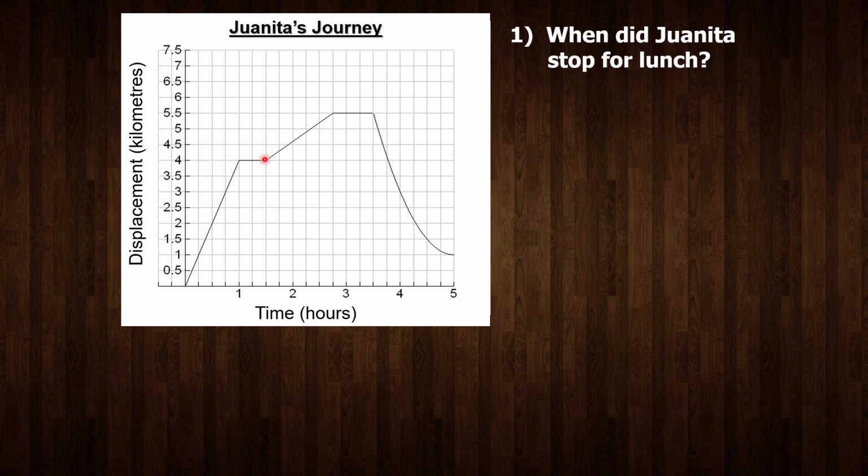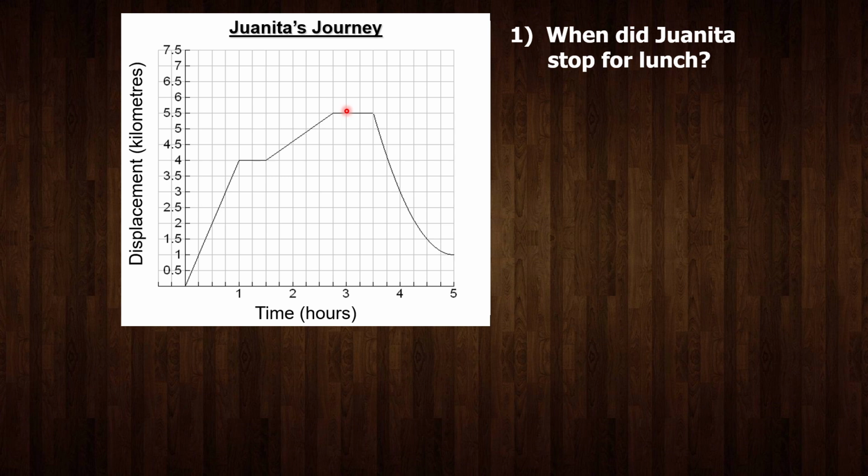And how long is that interval there? Well, notice that 4 squares is 1 hour, so each of these little squares here is 15 minutes. So this interval here must be 30 minutes or a half an hour. But we also have the same thing happening up here, where we have a 45-minute time interval where the displacement is 5.5 kilometers and it doesn't change.